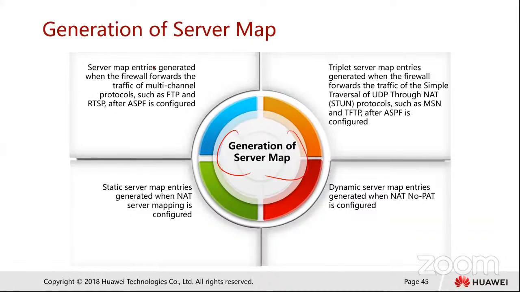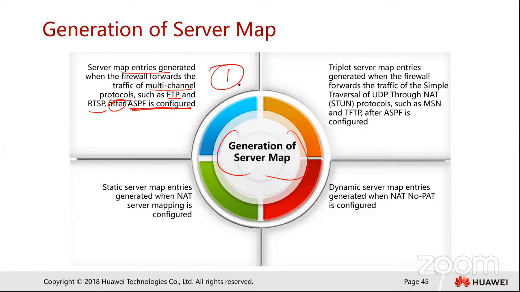So server map entries are generated when the firewall forwards the packets of multi-channel protocols such as FTP, RTSP, and so on after ASPF is configured. So after ASPF is configured and the firewall is forwarding traffic of multi-channel protocols like FTP, then server map entries are generated.